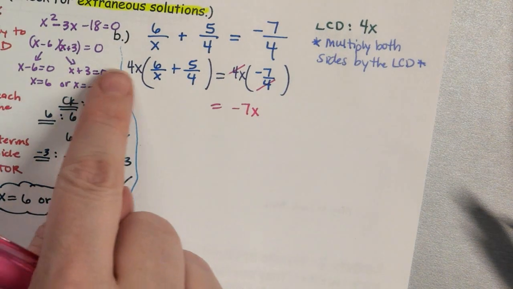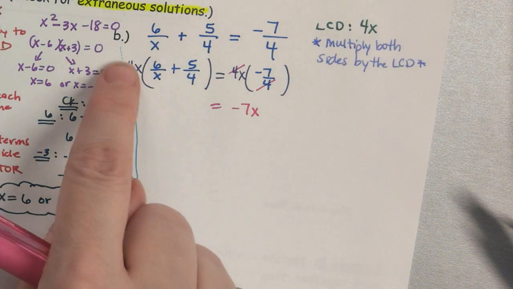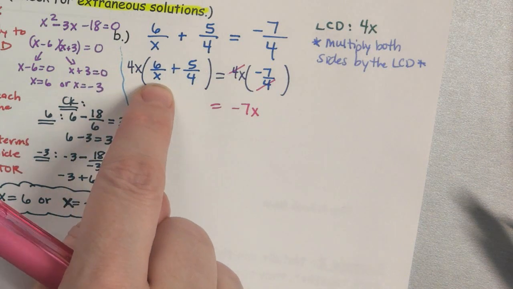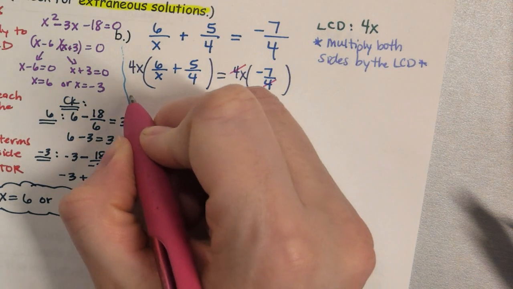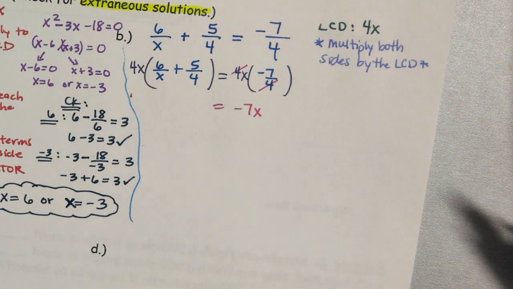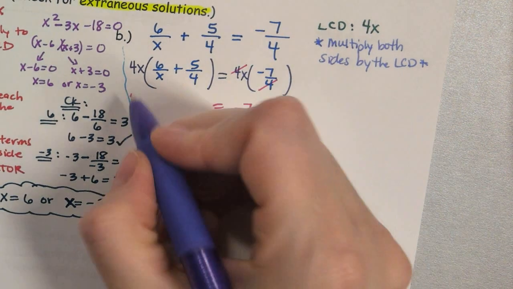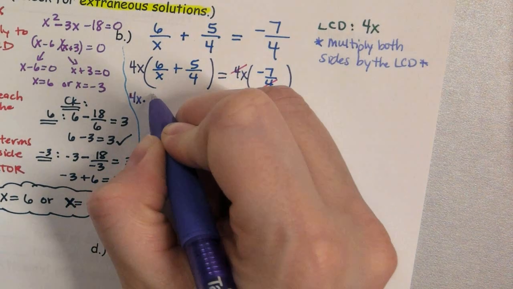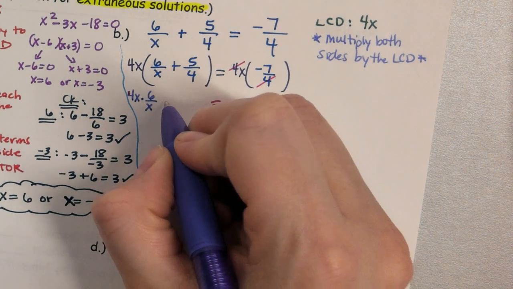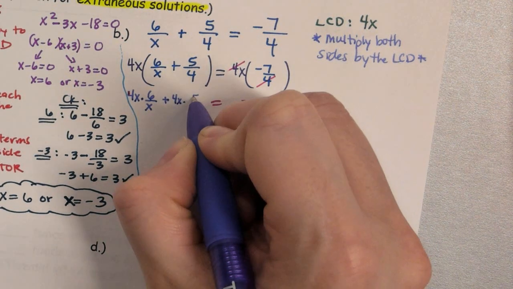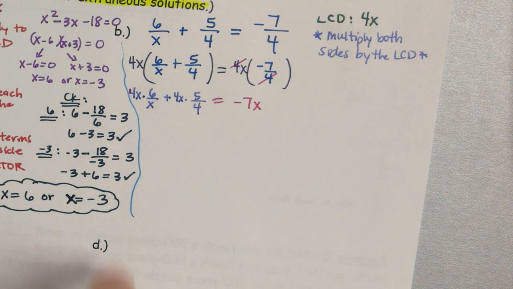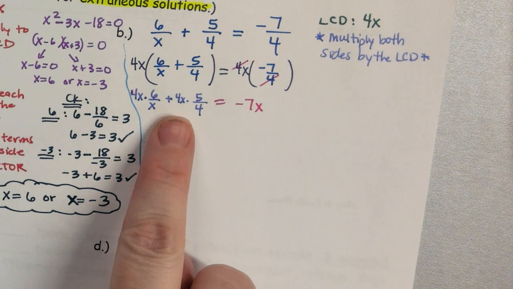Now, I put the parentheses here because I'm multiplying. This also reminds me I'm going to have to distribute. So really, I'm going to have 4x times 6 over x plus 4x times 5 over 4. So if I distribute, this is what I have.